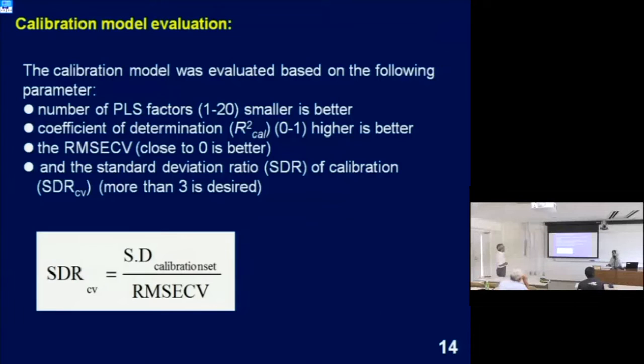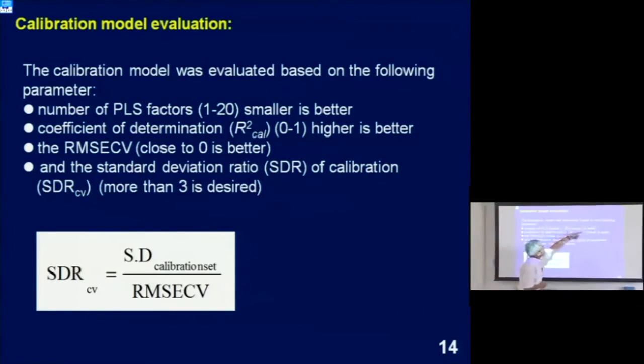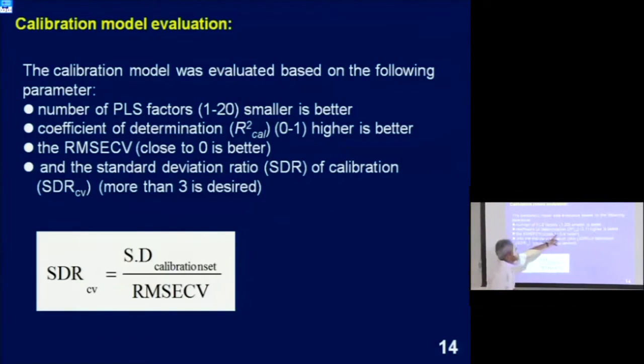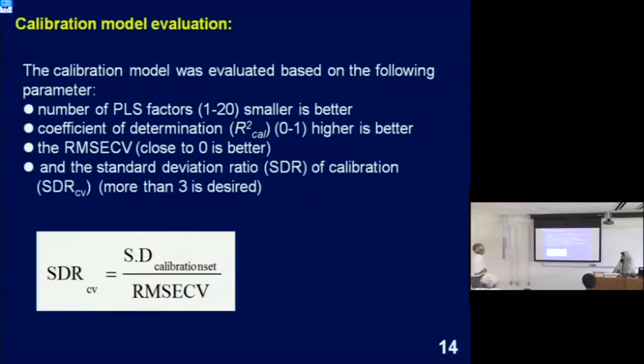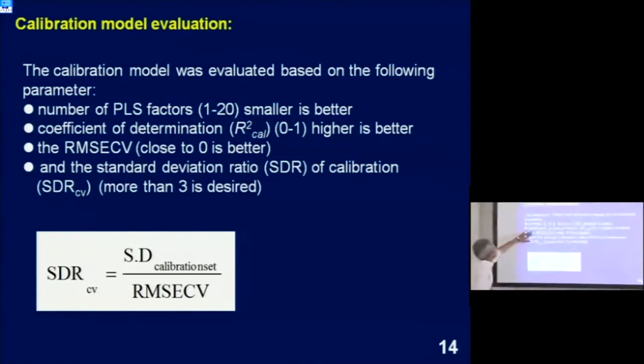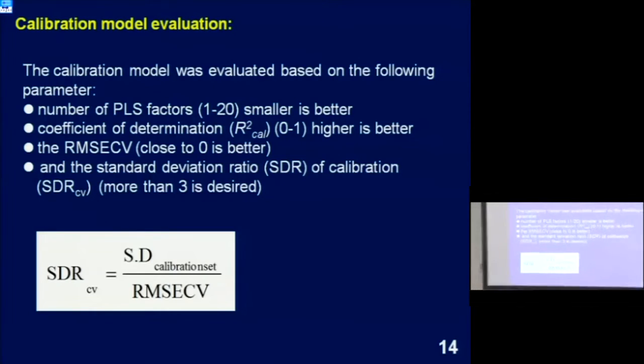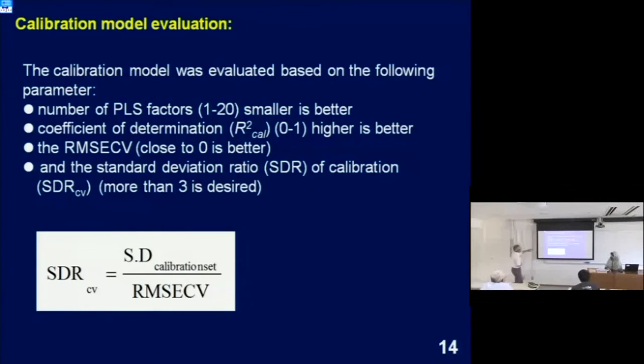So for the RMSECV, you don't need that, and it should be closer. Close at R. Don't need that, and the next two.